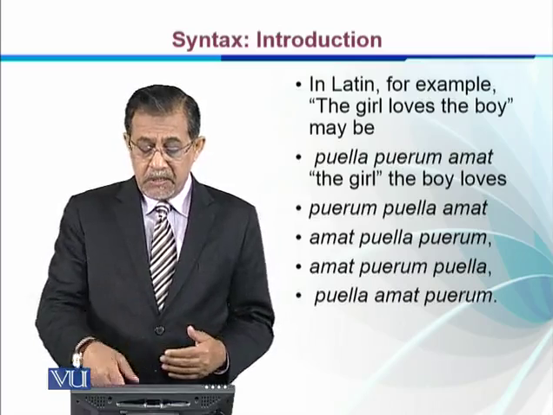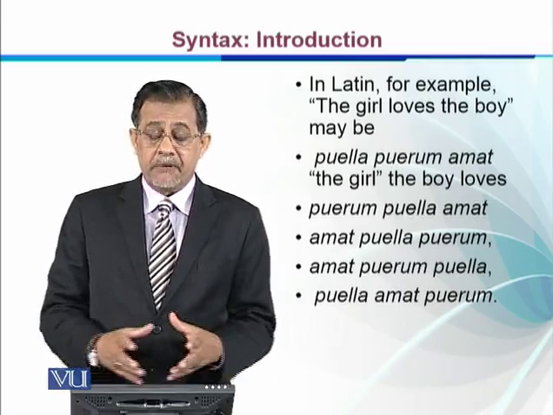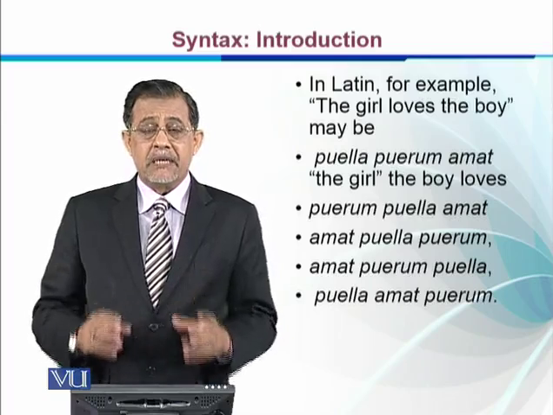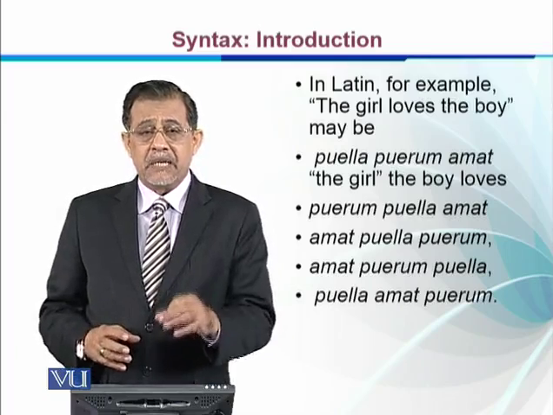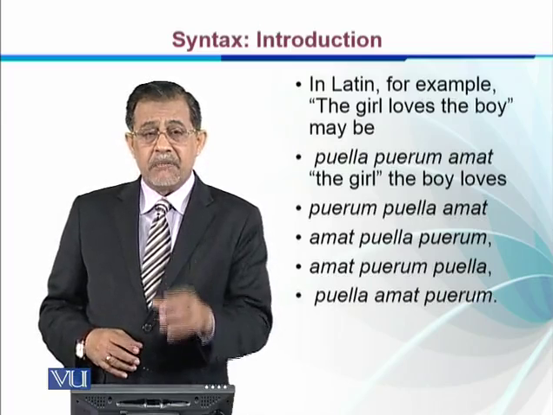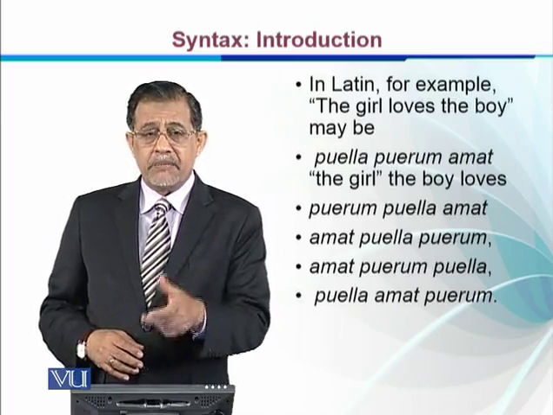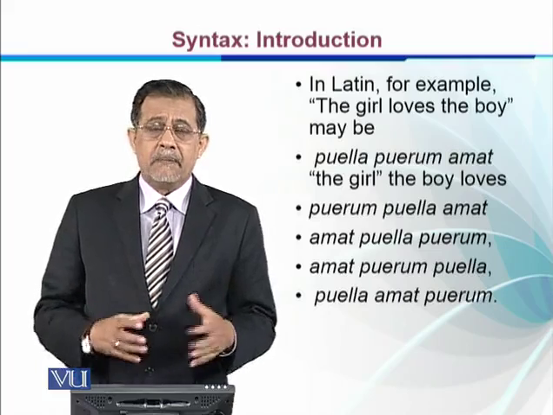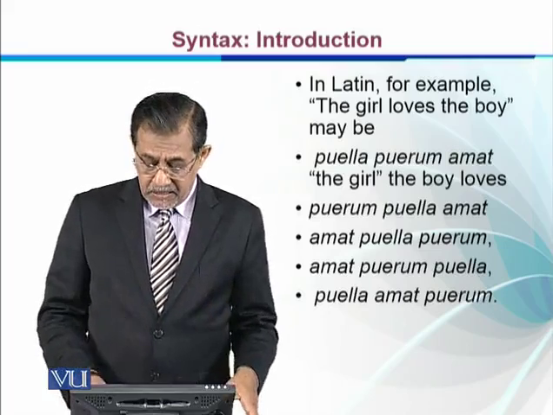You can see that we have changed them into different orders, and even then the meaning of the sentence remains the same. The girl remains the subject, the boy remains the object, and the verb remains the verb. It does not change the meaning of the sentence.